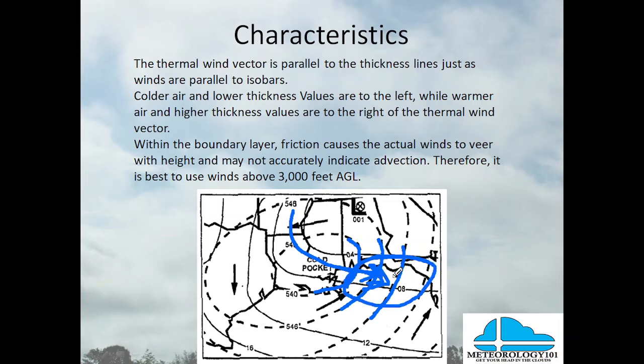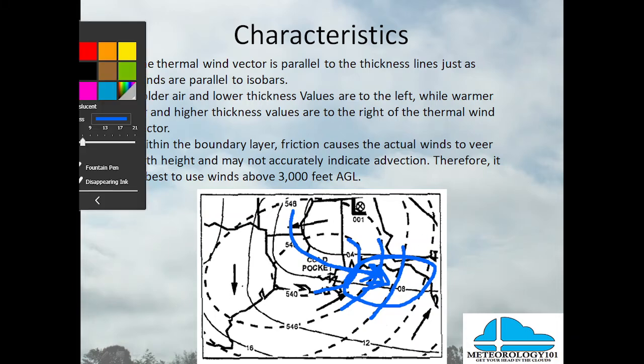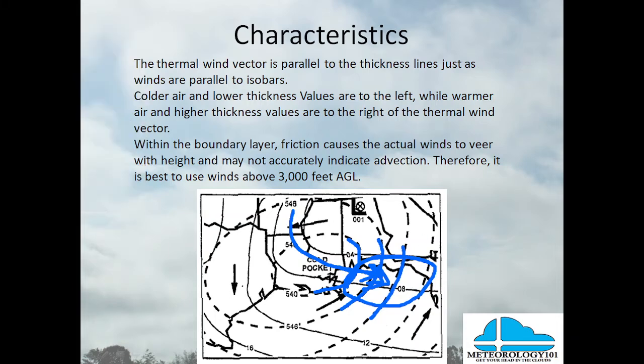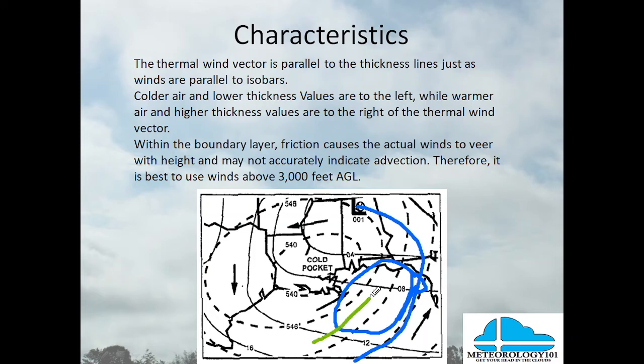So then you can use that to determine where your cold front is, coming out of that low, everywhere there's cold air advection. So you can determine your cold frontal placement. You can determine the tightest thickness packings. You can actually determine where your jet stream is.